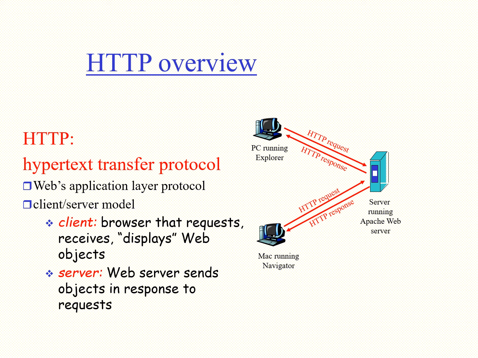So the server processes that request and gives back the result as an HTTP response. Here, the Mac is also requesting some data from the web server, and that request is transmitted to the server through an HTTP request, and the server will provide the result back to the Navigator through an HTTP response object.